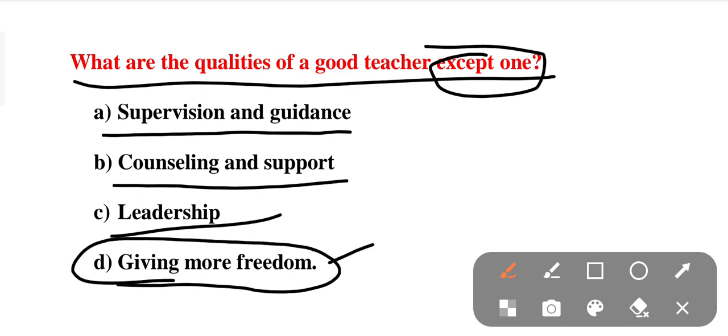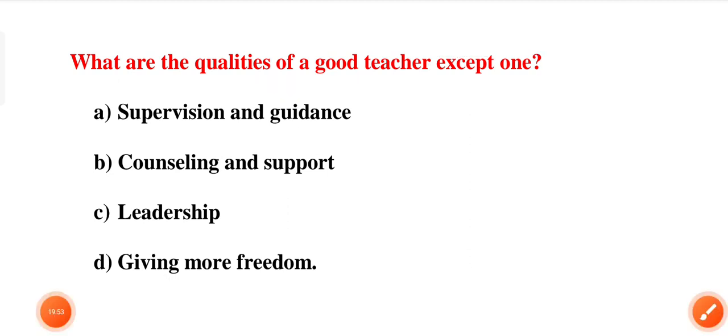Which one is the correct answer? Giving more freedom is not a good quality of a teacher. Only within a limit should we be friendly with the students. If you give more freedom, they will dance on your head.